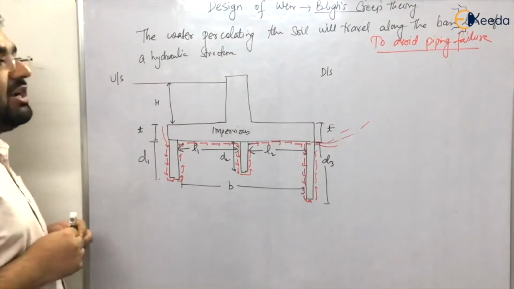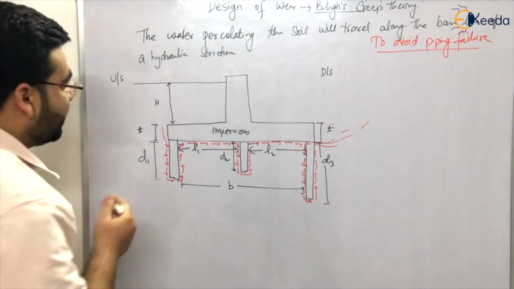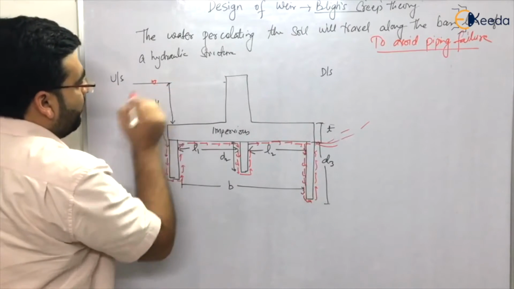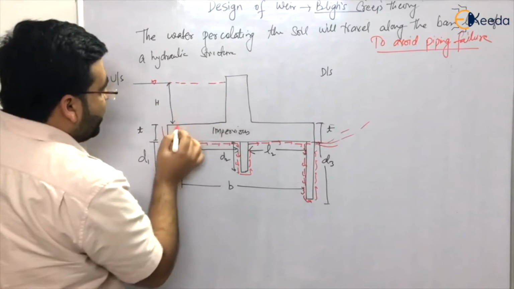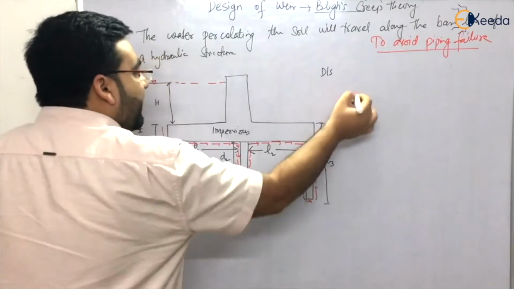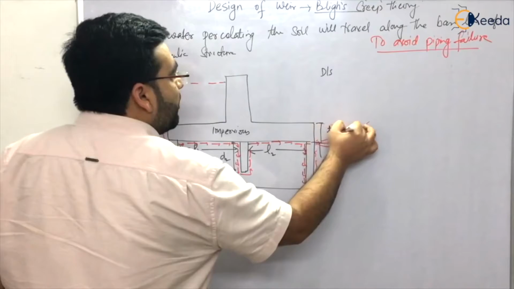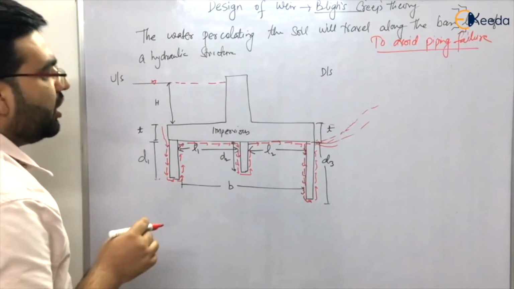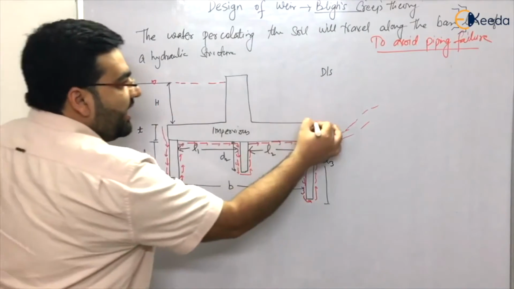Now, what will be the head losses? So here, this was the water level. Initially, it will percolate, and slowly the water will exit, or come out from here, right? Okay. So here, this is the water level. So what are the losses? Here it is h, and here it is 0.